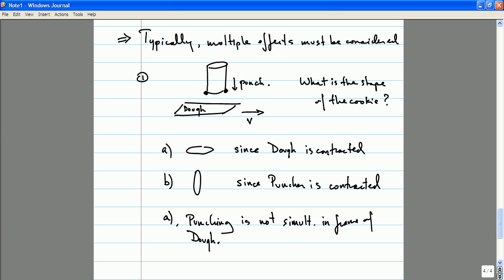So this is a great example because I didn't have to write down any equations or anything like that. But you can easily see that if you don't take into account all of the effects of special relativity at the same time, then you can very easily confuse yourself. Okay. At the end of the day, the physics that you get has to be independent of who is describing that physics.